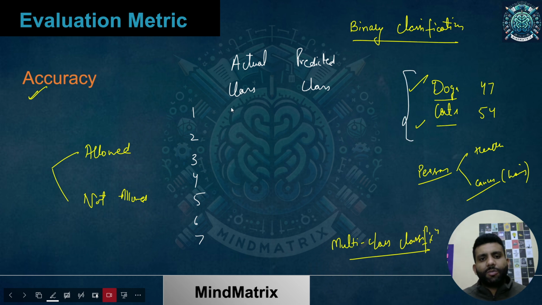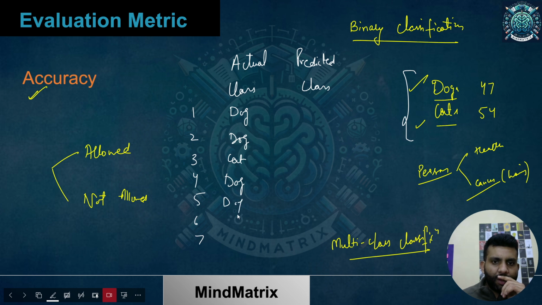The first input data point was of a dog, then again dog, then cat, dog, cat and cat. So these were the actual classes, these were the actual images. We know that corresponding to the first data point, the image is of a dog. For the second image, the image is again of a dog. Third is a cat. Fourth is a dog. Fifth dog. Sixth cat. Seventh cat.